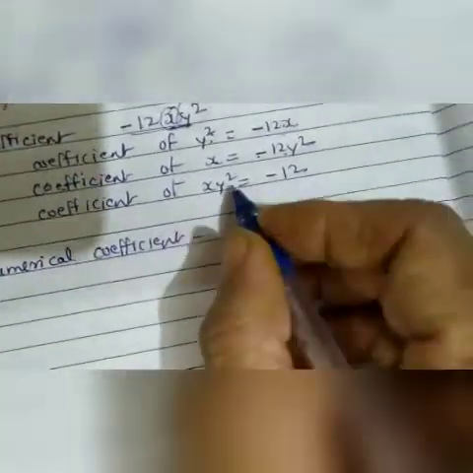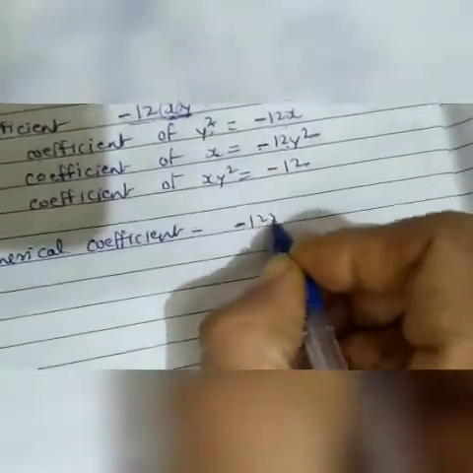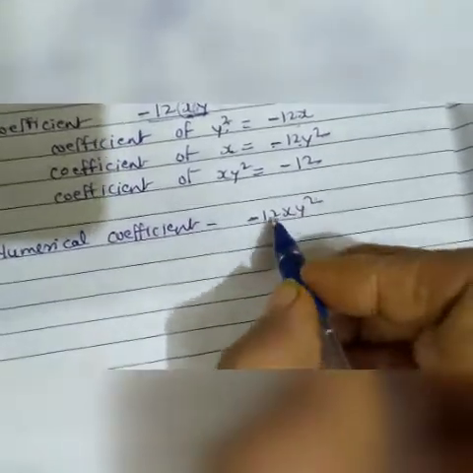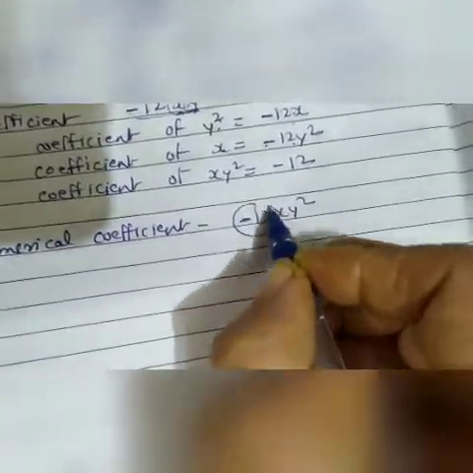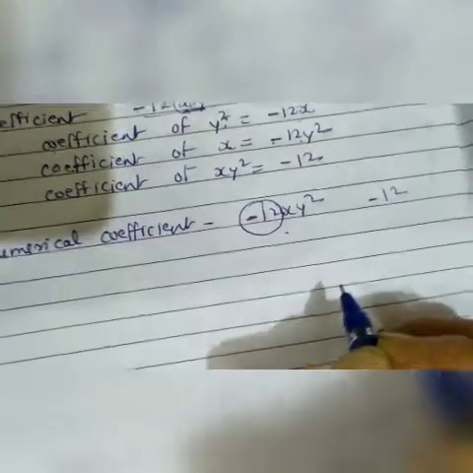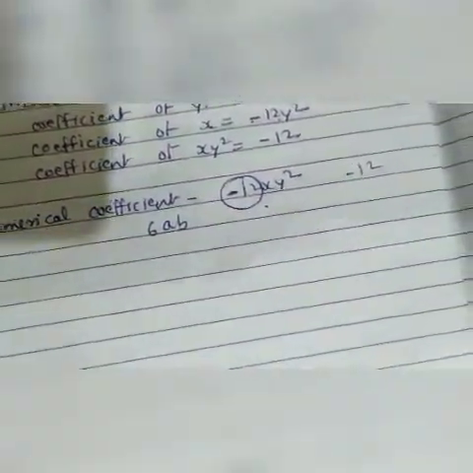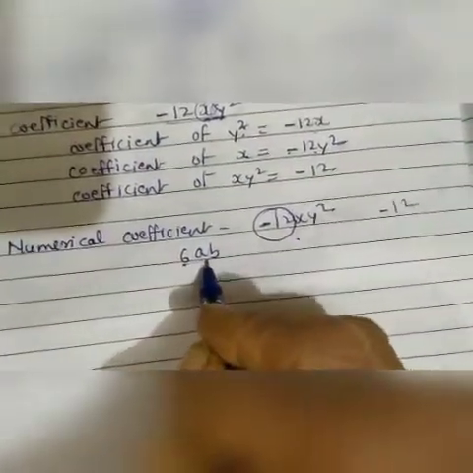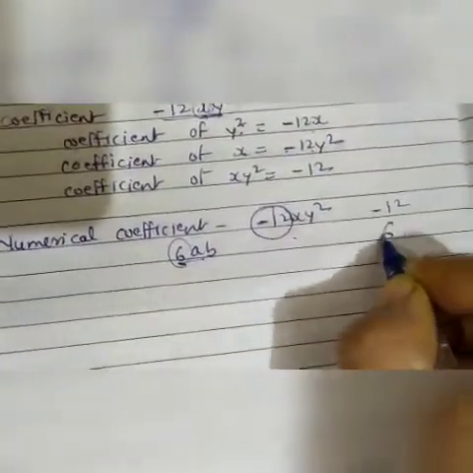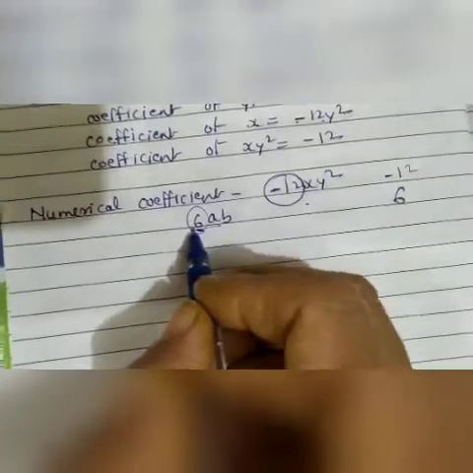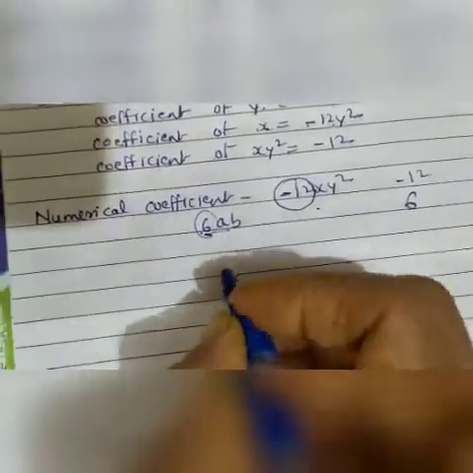Suppose this same term minus 12x y square, what is the numerical coefficient? This is minus 12. Suppose 6ab, what is the numerical coefficient here? In this term, it will be 6. These counting numbers are numerical coefficients.